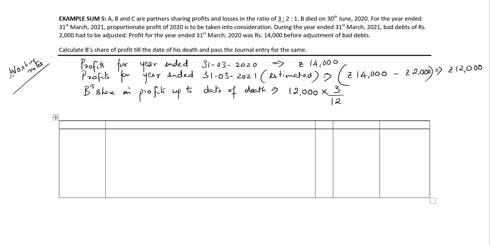So multiplied by 3 divided by 12 and multiplied by B's share in profits, which is 2 divided by 6. Comes to rupees 1,000. So B's share in profits up to the date of his death is rupees 1,000. There is no change in the NPSR between the continuing partners A and C. So we'll pass the journal entry through profit and loss suspense account.